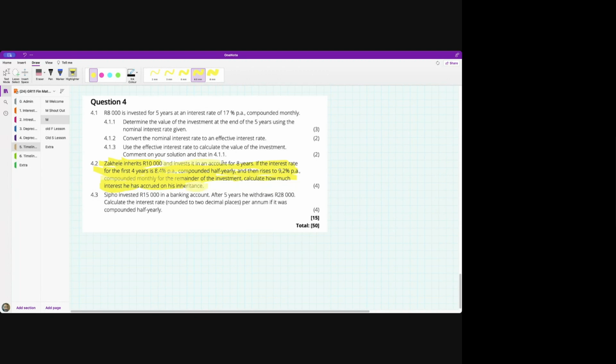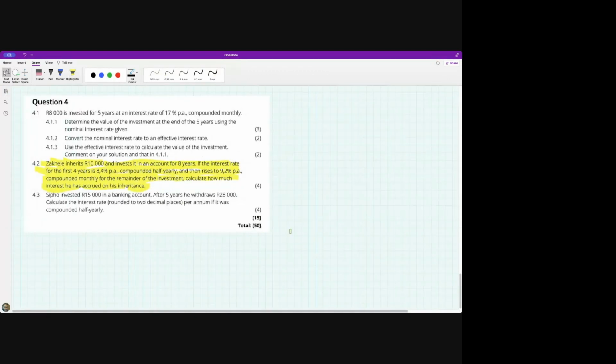So the one in yellow is, and I want you to start by drawing your timeline. And when you've drawn your timeline, let me know. So put T for timeline when you've done your timeline.